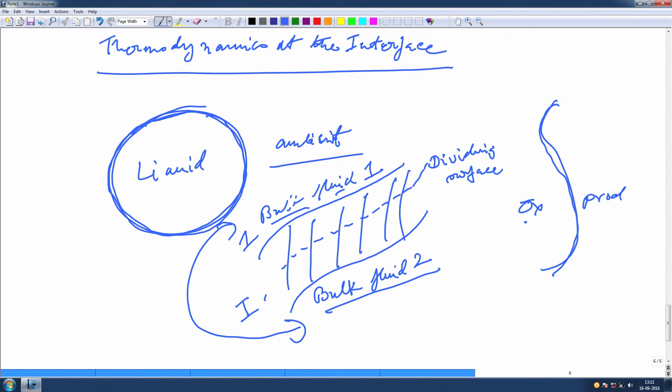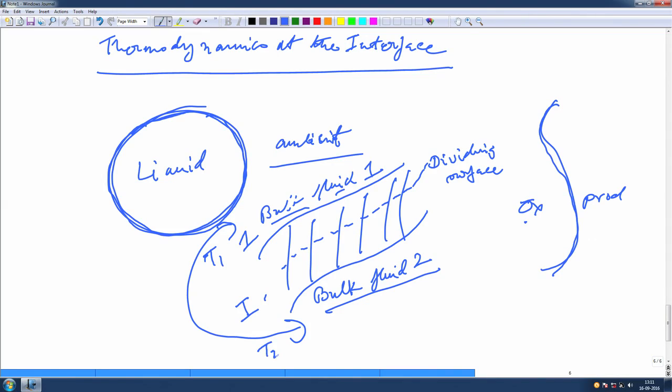Next class, what we are going to try to establish is the thermodynamics of this particular interface, what kind of transport can happen, and what the equations are that are valid across the interface. For example, if this temperature is T1, this temperature is T2, and the interfacial temperature is Ti, what is the relationship between temperatures T1, T2 and Ti?